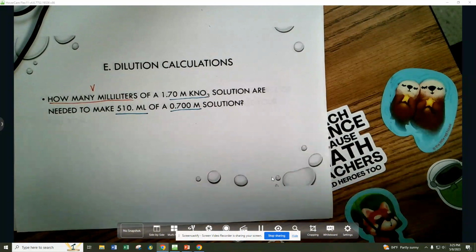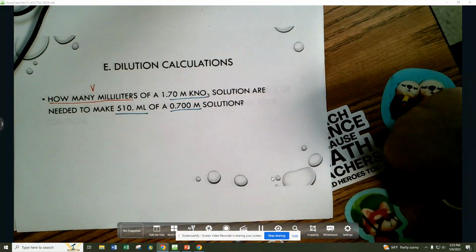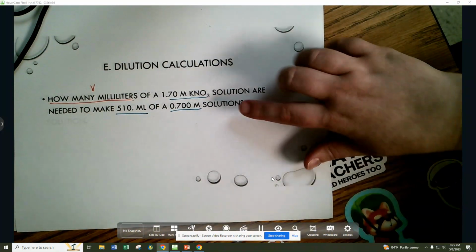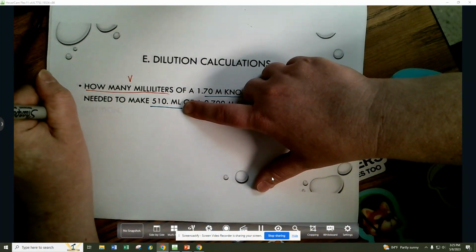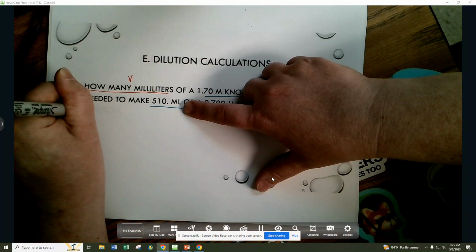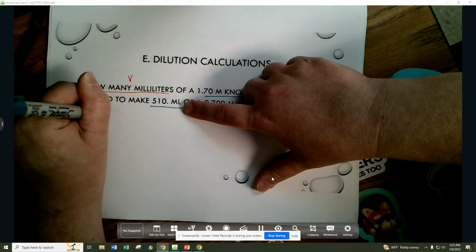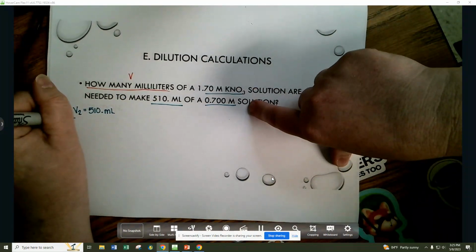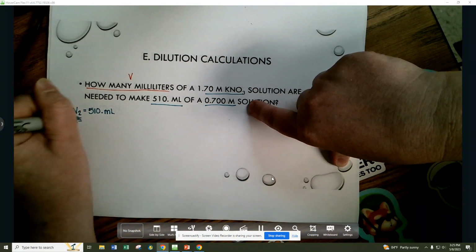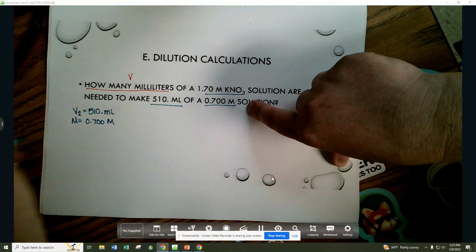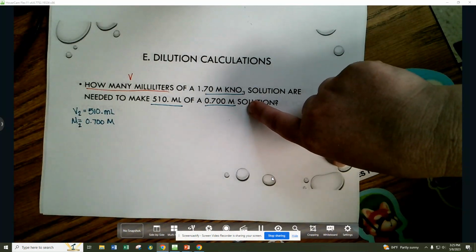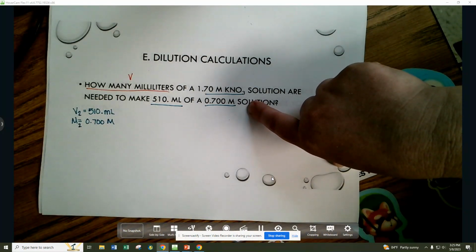Okay, so the ending conditions here is the weaker, the dilute. So my volume 2, I am ending with 510 milliliters, and I want it to have a strength, a molarity of 0.7. So this is how I want it to end, and this is how much I need of it.